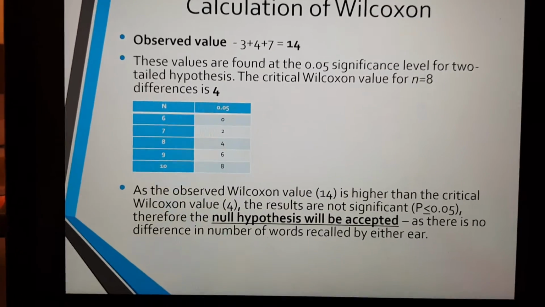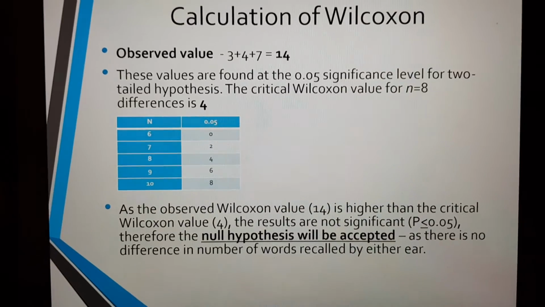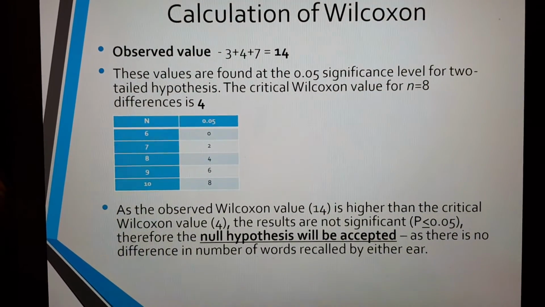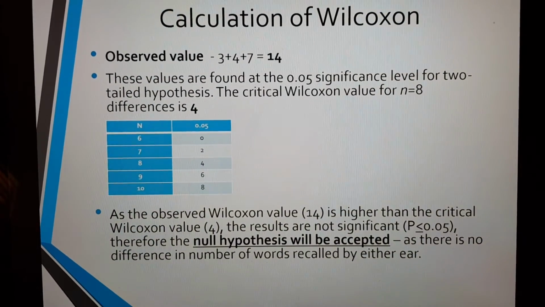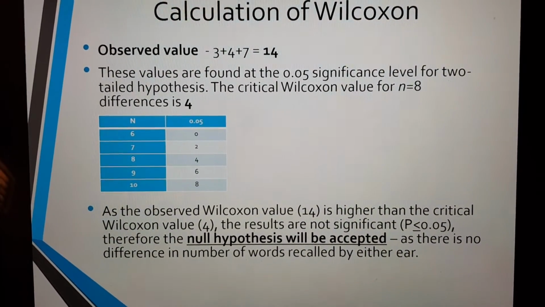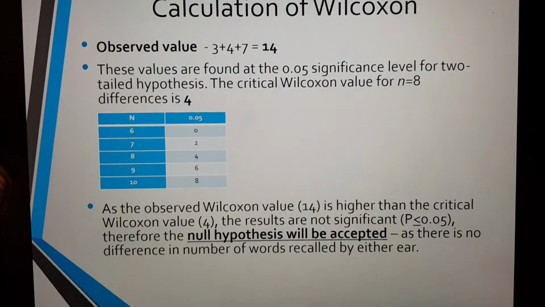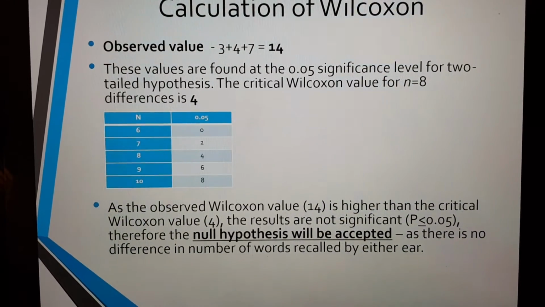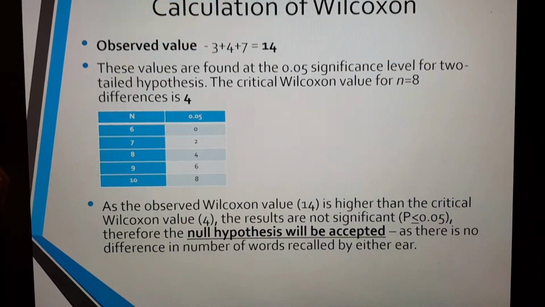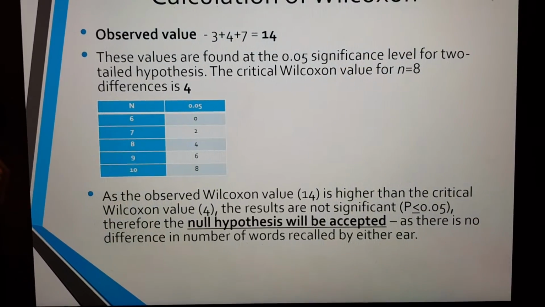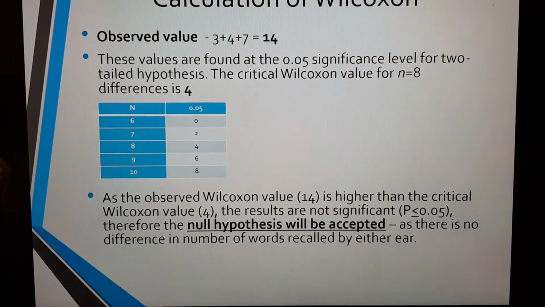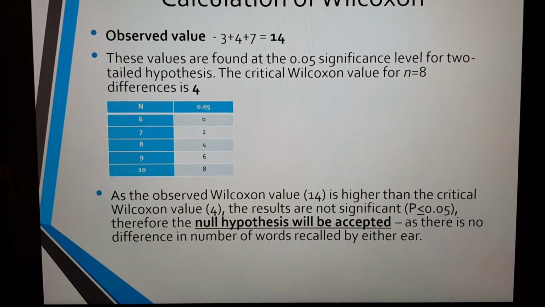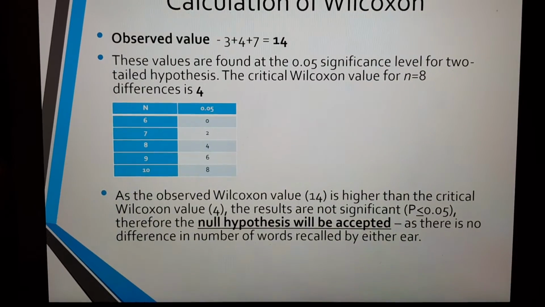So in our example, our observed value comes from adding our less frequent sign, which were the positives, adding up their ranked order of difference. So we've got 7 plus 4 plus 3 equals 14. Then we go to our critical values table. N, remember, is 8, not 9, because we've omitted that 0 score, so 4 is our critical value.